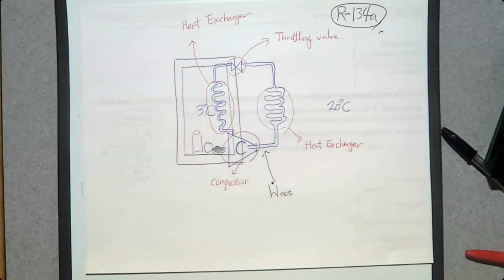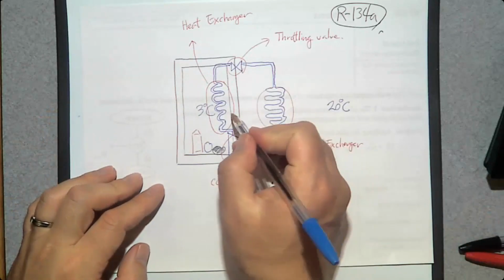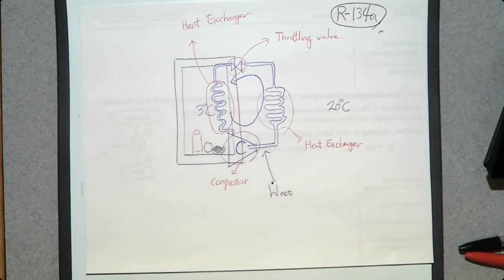Then, if we want to absorb heat from the food, the refrigerant flowing here should be at a lower temperature than 3, right? Let's assume, by the way, the direction of the refrigerant cycle is this way, counterclockwise.